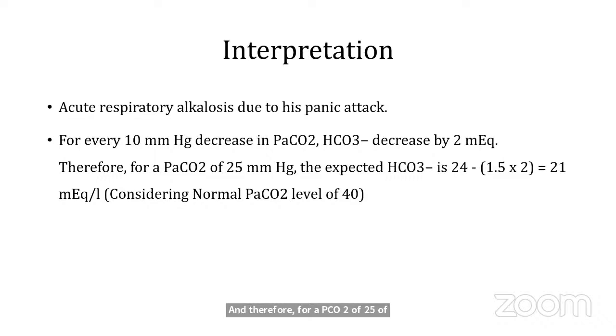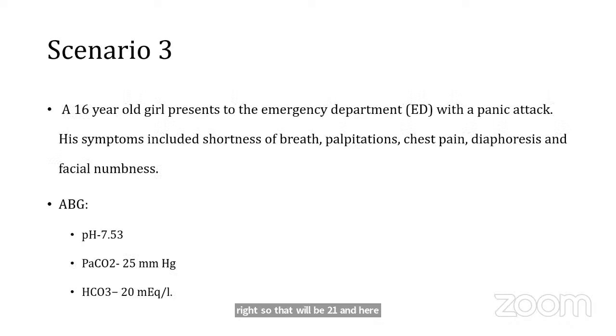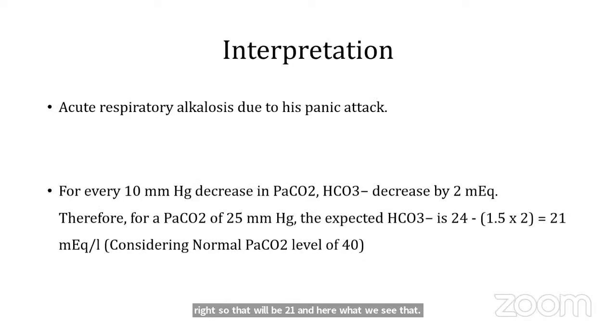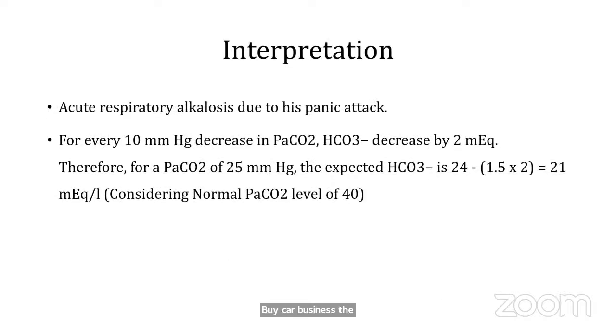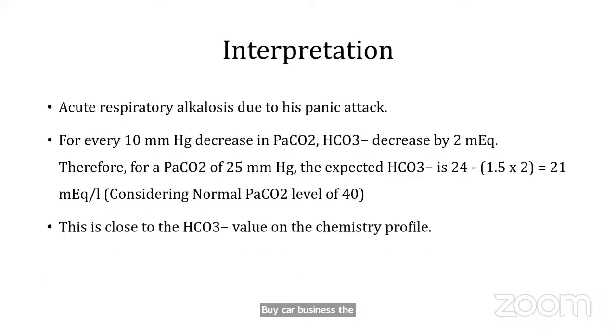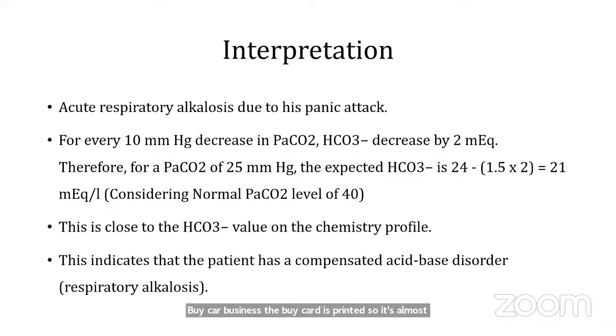So the expected bicarb is 24 minus 1.5 times 2, so that will be 21. And here we see the bicarb is 20, so it's almost like that. So this is an acute respiratory alkalosis, and there has been an appropriate metabolic compensation.